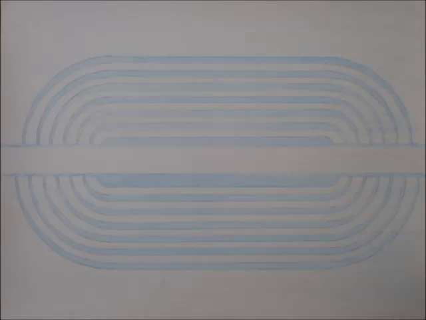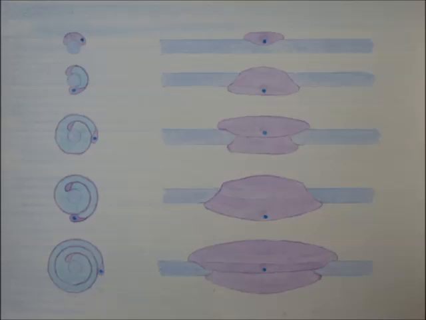And in the next picture you can see how this cell grows. It comes to an axon and wraps around and wraps around and wraps around. On the left hand side you can see as it wraps around each time it takes in more water.